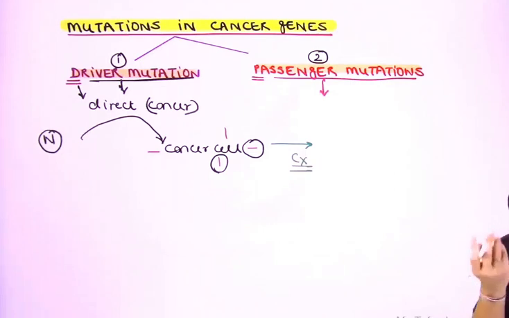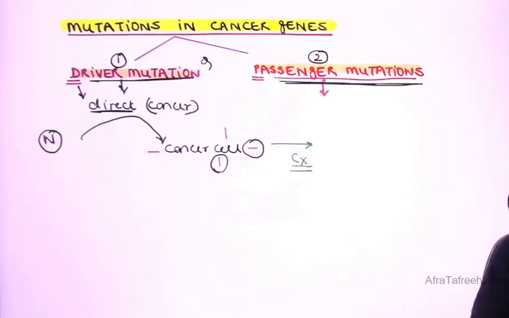And that is what is going to make the tumor cells resistant to the effect of chemotherapy. So please understand, friends, driver mutations are directly responsible for causing cancer. Passenger mutations do not cause directly the development of cancer, but passenger mutations are very, very important for the development of drug resistance that is observed after the administration of chemotherapy.